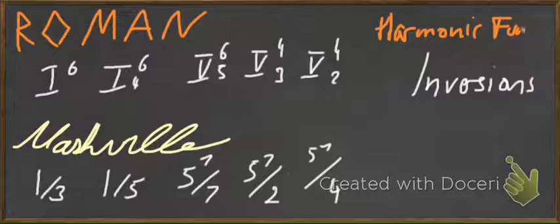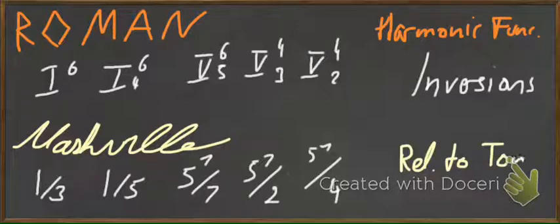And I think it becomes also very clear that the harmonic function and the relationship to the tonic, as they are shown by the marks or the nomenclature, becomes very visible here as well. Where the Roman numerals don't show what pitch actually goes in the bass, it has to be inferred. Nashville says in relationship to the tonic, the bass is a 4 or a 2 or a 7 and so forth.